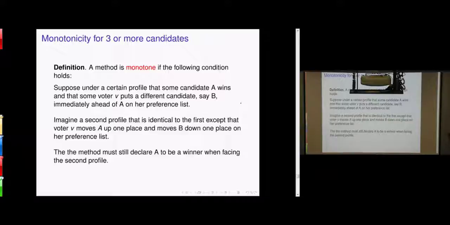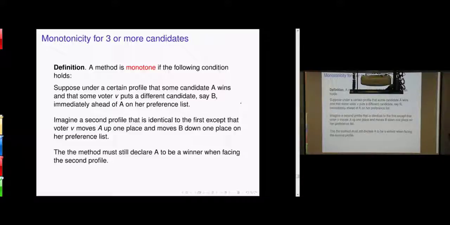The nice thing about this definition is it breaks up the complicated cases into just one voter, just one case. Because we can iterate this. If several voters all make this change, the result won't change. And also here you only move A up one place.